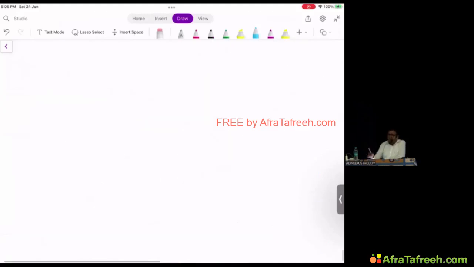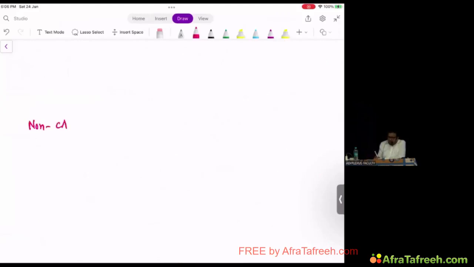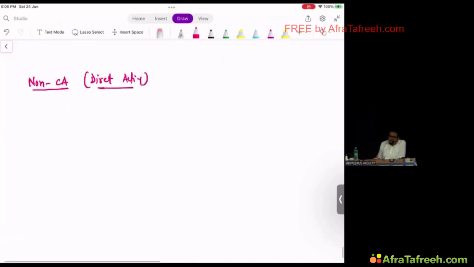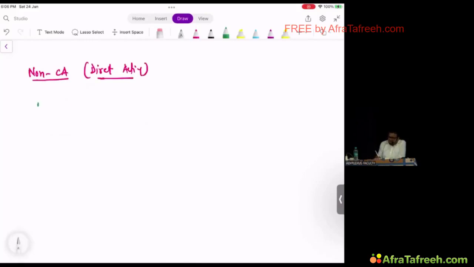These are very simple things now, will not require much of your time. Non-catecholamines, still direct acting. So we can discuss them one by one. Drugs which are alpha 1 agonist.